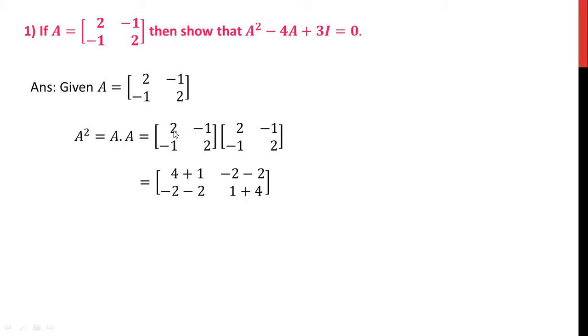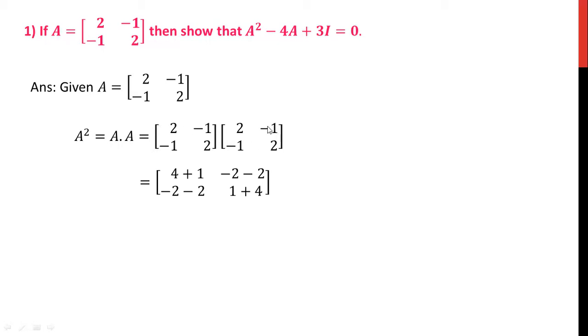See, first row into first column multiplication. So 2 into 2 is 4 plus minus 1 into minus 1, that is plus 1. So here you will get 4 plus 1. First row into first column. Check this. Then first row into second column.